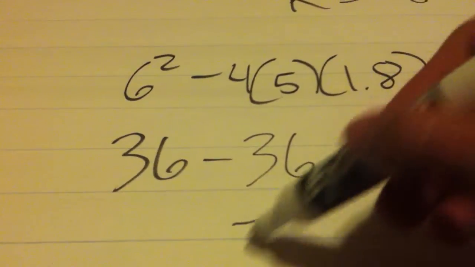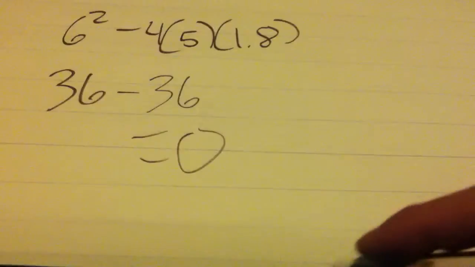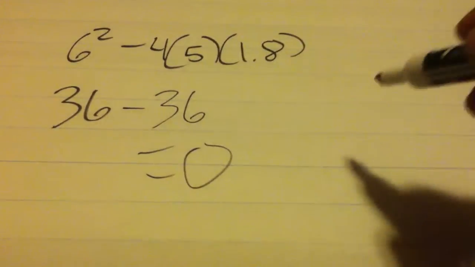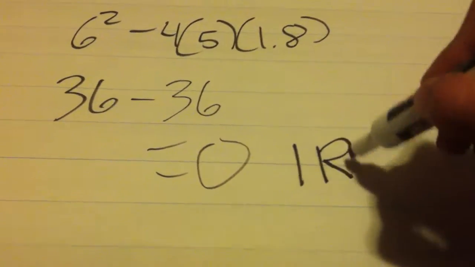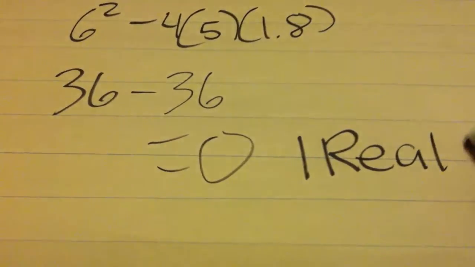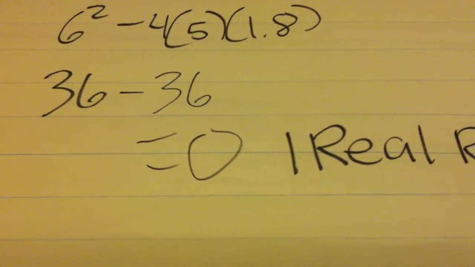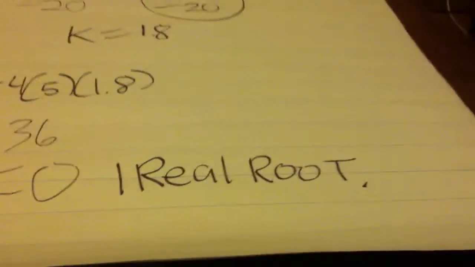So that equals 0. And when it equals 0, that means we get one real root. So that is one real root. Bam.